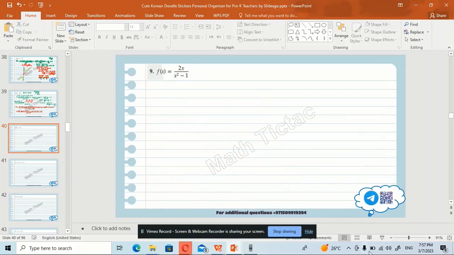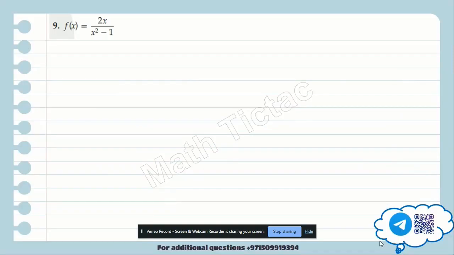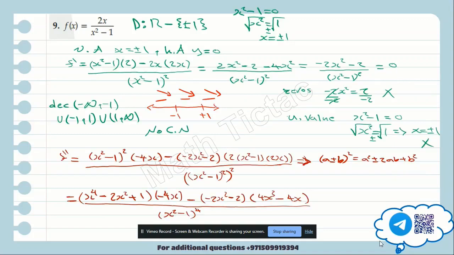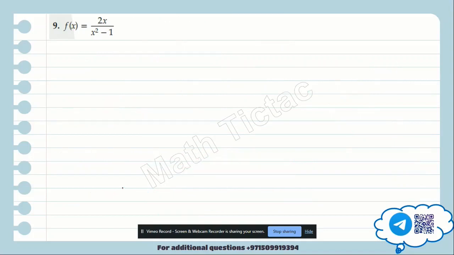Okay, so now let's multiply minus 4x by this expression, which is minus 4x to the power 5. So f double prime is equal to minus 4x to the power 5.